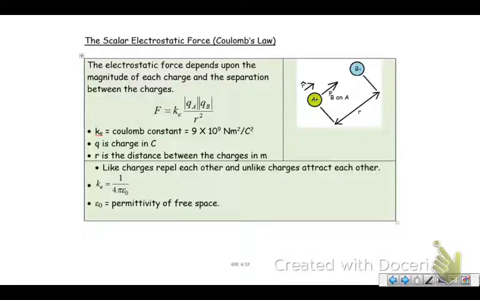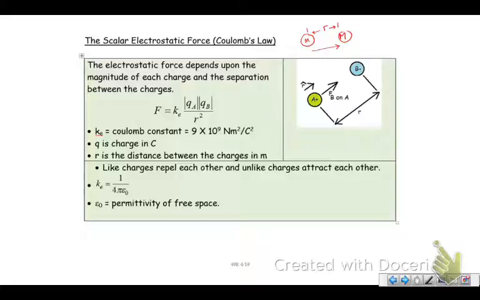So in gravity, we had one mass, little m, and the other mass, big M. And there was a force of gravity between them, which depended in part upon the separation.